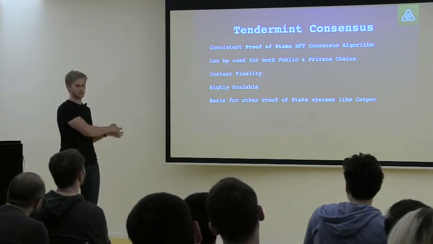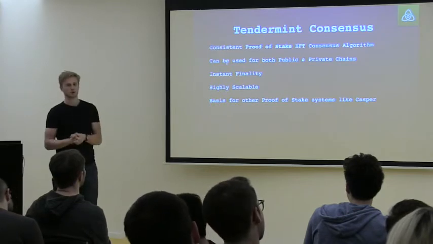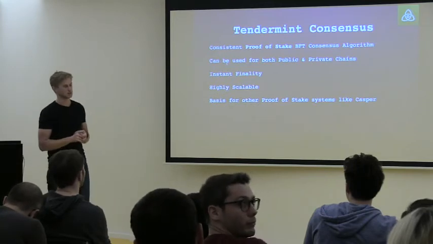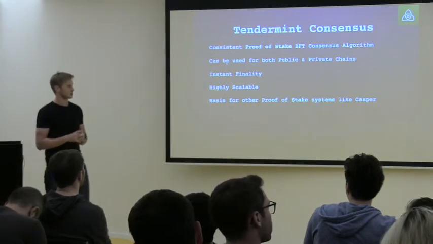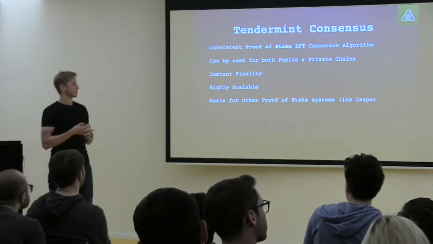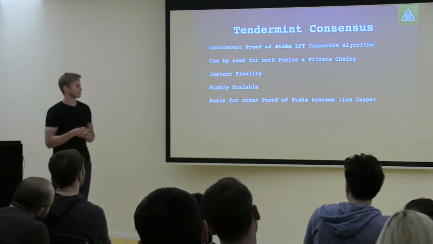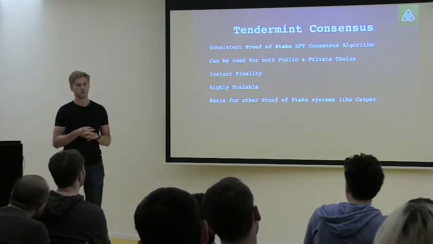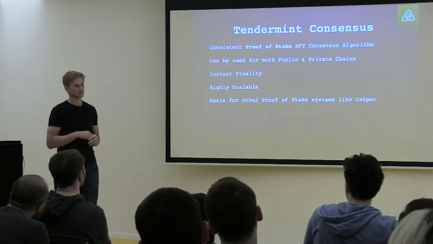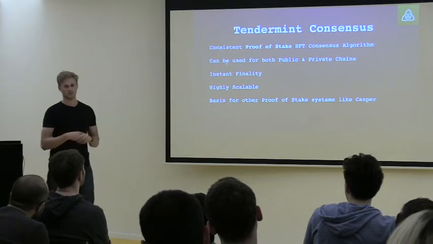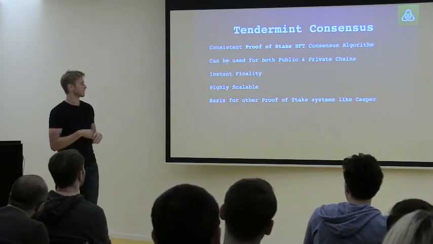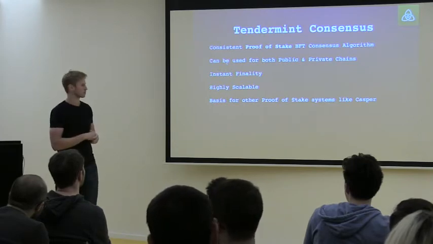Can't we use some of this research that was originally done, adapt that for a blockchain environment, and build consensus engines like that? Tendermint has been around now for about 4 years, so quite a long time. And this is the fundamental idea of Tendermint. Now, Tendermint is very suitable for both public and private chains. For private chains, it's been used for a while, at least in this whole proof-of-concept environment that all these private projects are in at this point. And for the public chains, this is what we're now working on with Cosmos.